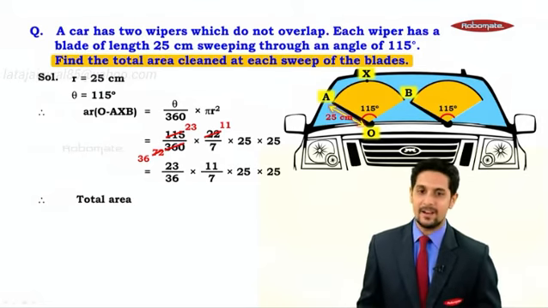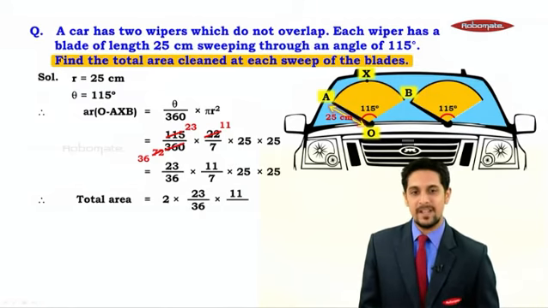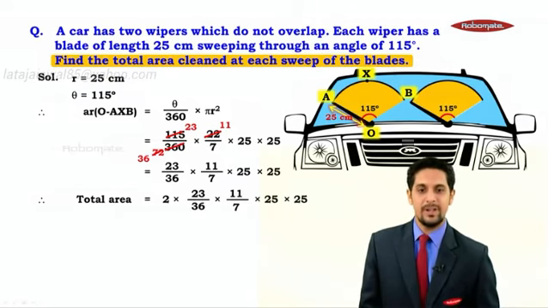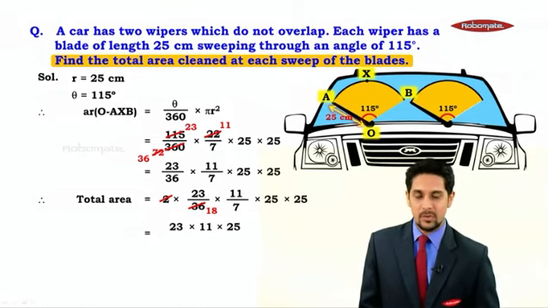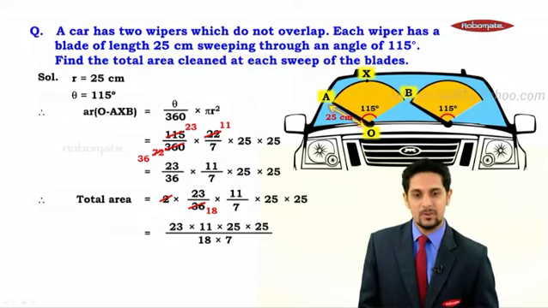Now let us understand how to find the total area. This was the area of one sector. But students, there are two wipers. So we need to find the areas of these two wipers. So the total area will be equal to 2 into the area of one sector, that is 2 into 23 upon 36 into 11 upon 7 into 25 into 25. Further, 2 into 1 is 2, 2 into 18 is 36. So the terms left are 23 into 11 into 25 into 25, the whole divided by 18 into 7.